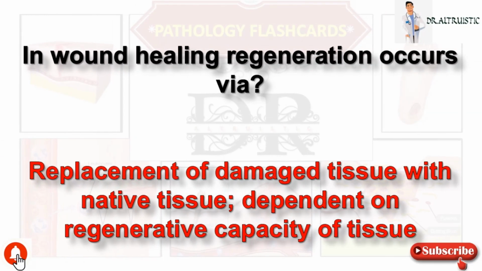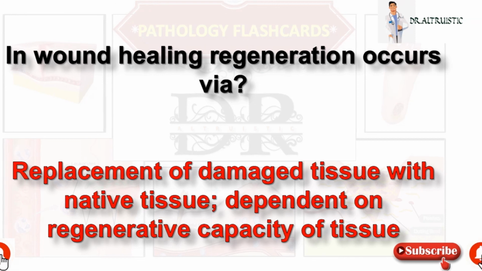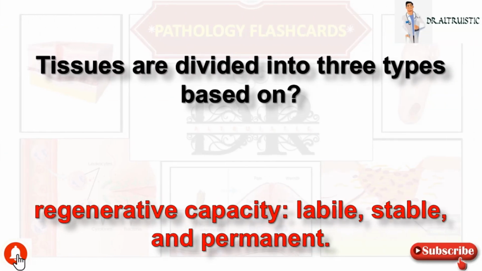In wound healing, regeneration occurs via replacement of damaged tissue with native tissue, dependent on regenerative capacity of tissue. Tissues are divided into three types based on regenerative capacity: labile, stable, and permanent.